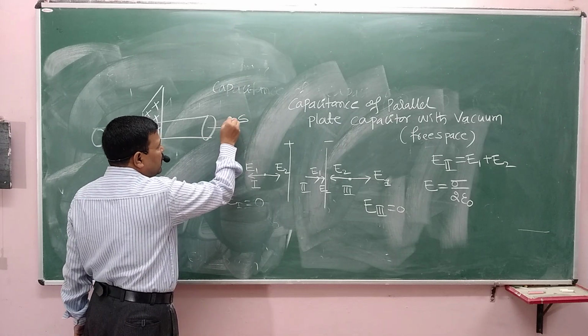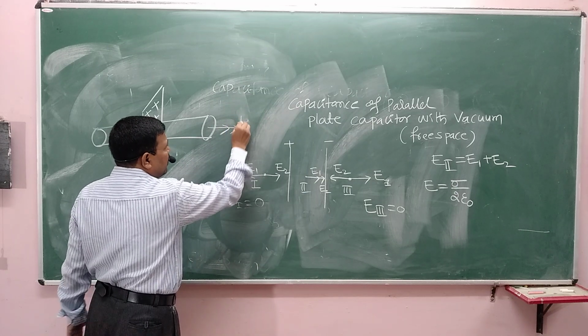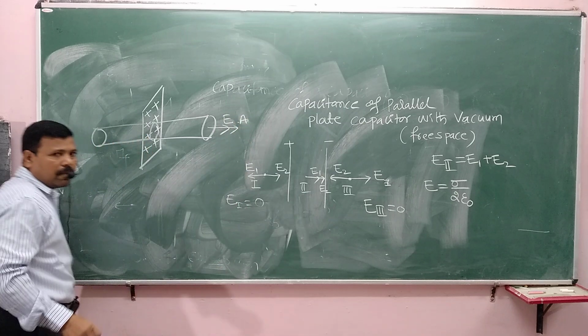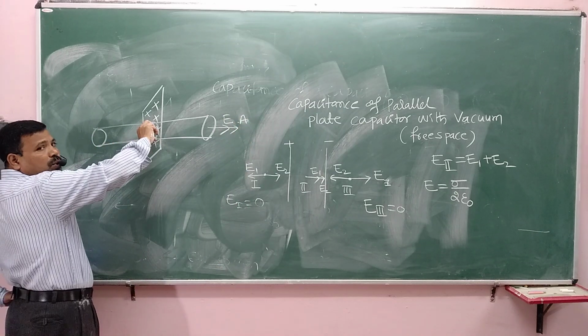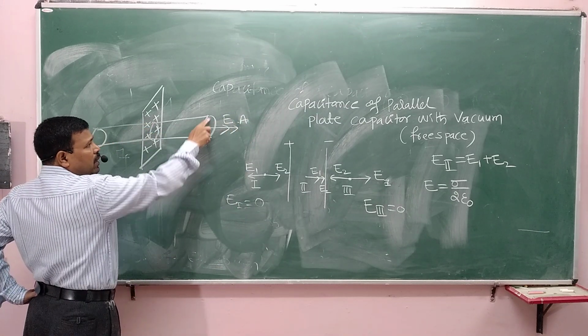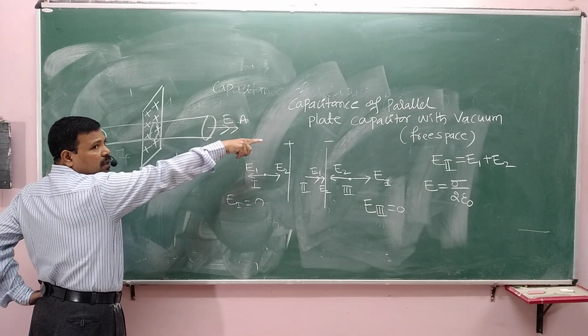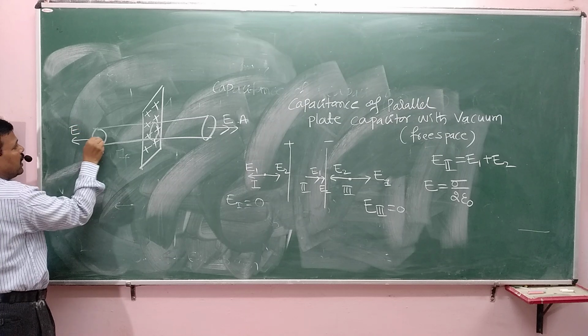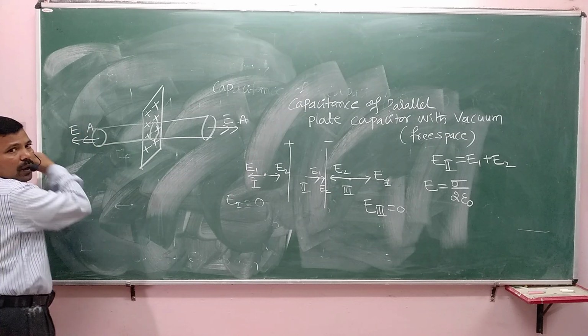Take area vector A, and electric field is E. Positive charges are there, electric field radially outward, and the area vector is always normal to the surface. This side also, electric field and area vector are in this direction.